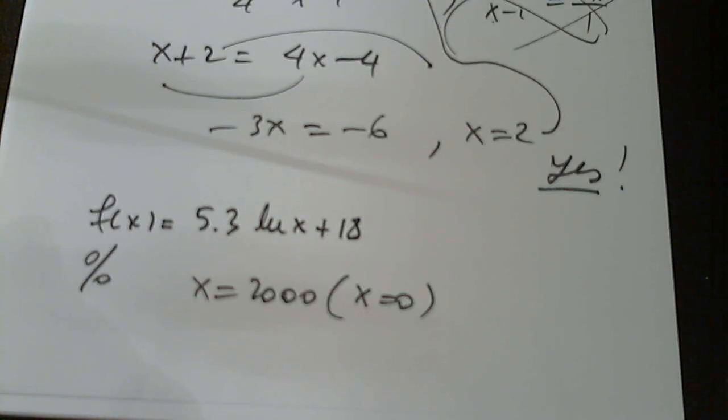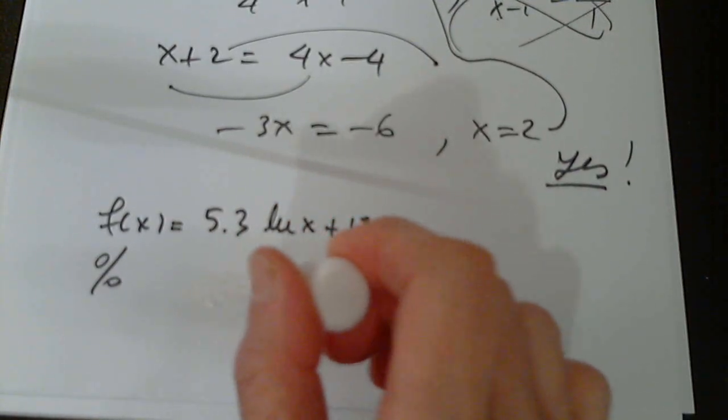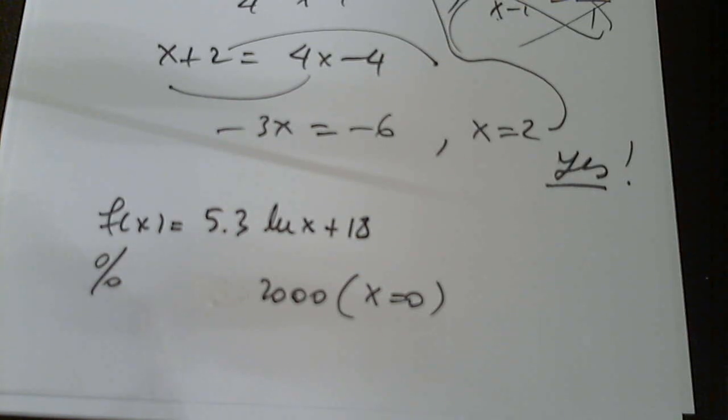How well does the rounded function model the data? And then we have to look at the graph. So they're asking us to determine the percentage in 2019. What are we asked to do? So we are asked to determine the percentage in 2019.